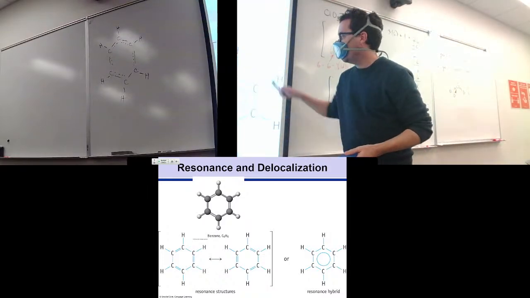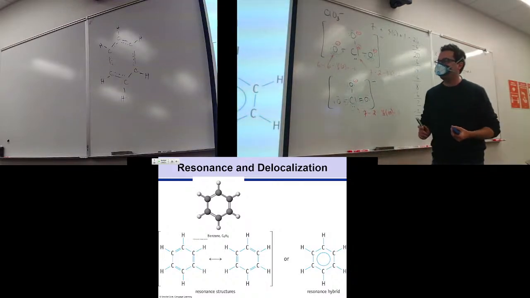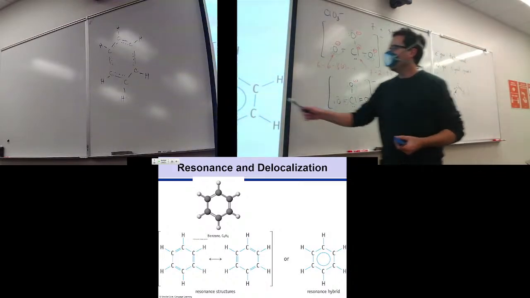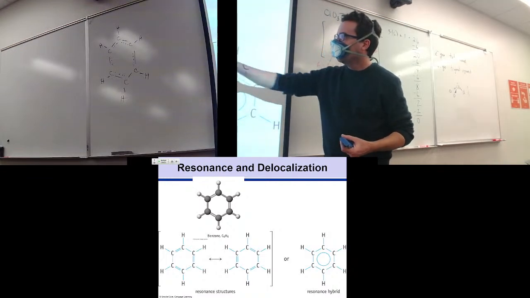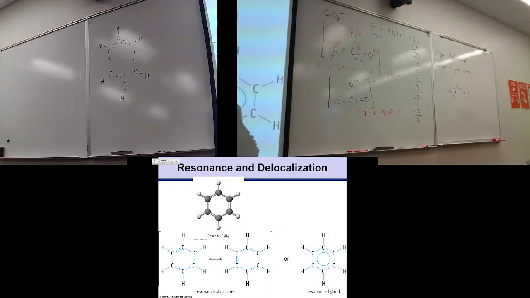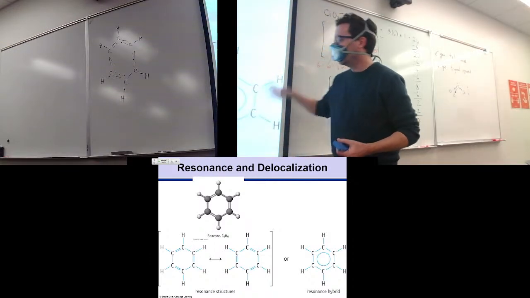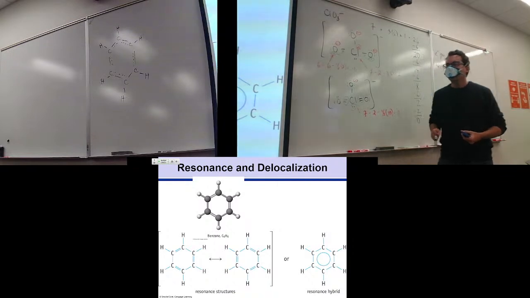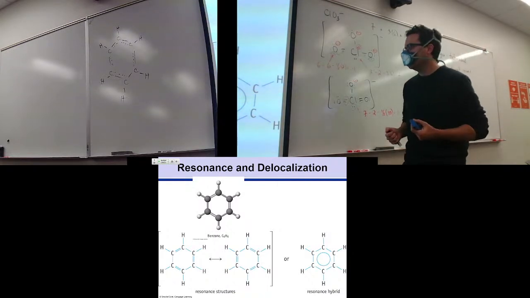So a lot of people actually draw benzene like this. And again, this is not a valid Lewis structure, but this is a very common practice in chemistry. So instead of showing double bonds, so this pair of electrons, that pair of electrons, and that pair of electrons, we show basically the electrons all over this carbon ring. And we call that the resonance hybrid.